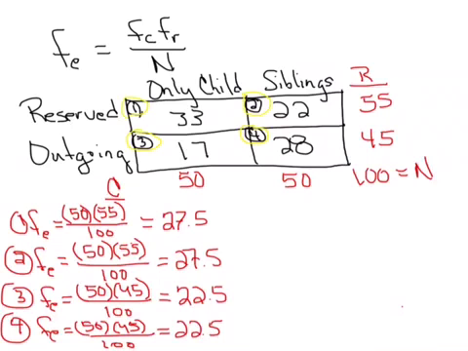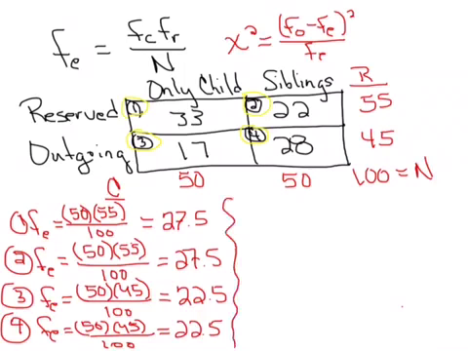So if you recall, I'm going to write it up here, our chi-square equation is f of O minus f of E in parentheses squared divided by f of E. So we're going to have 4 chi-squares that we're adding together because we have 4 cells.